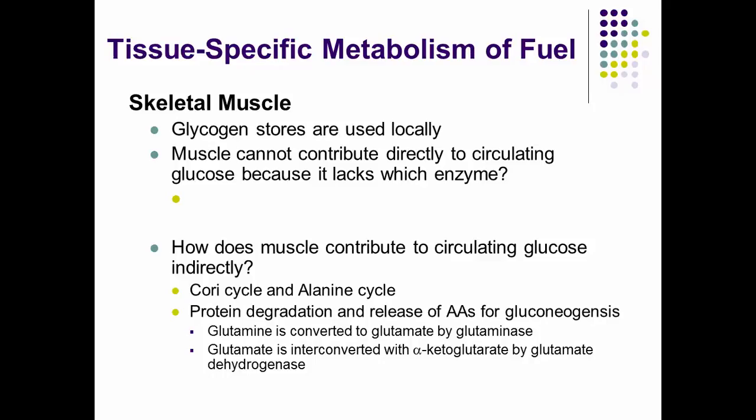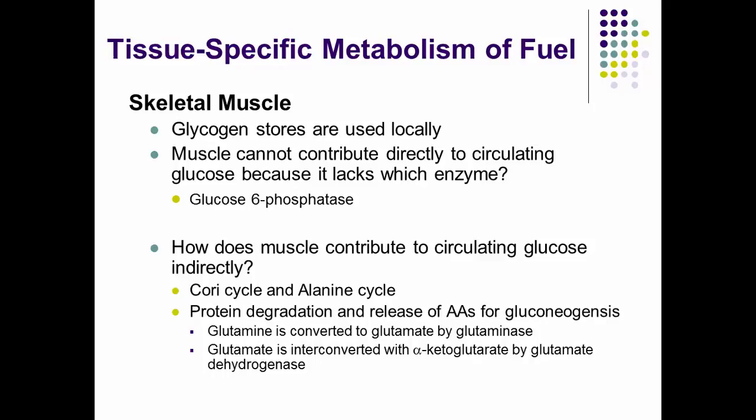Glucose 6-phosphatase is the enzyme that converts glucose 6-phosphate to free glucose, and this enzyme is lacking in the skeletal muscle. So skeletal muscle only breaks down glucose and utilizes it within the muscle, and will not release glucose into circulation.